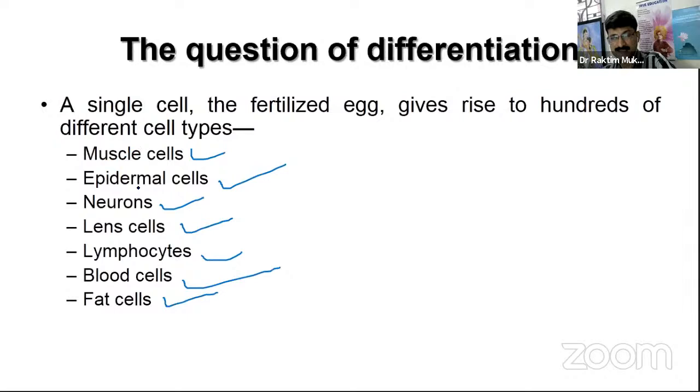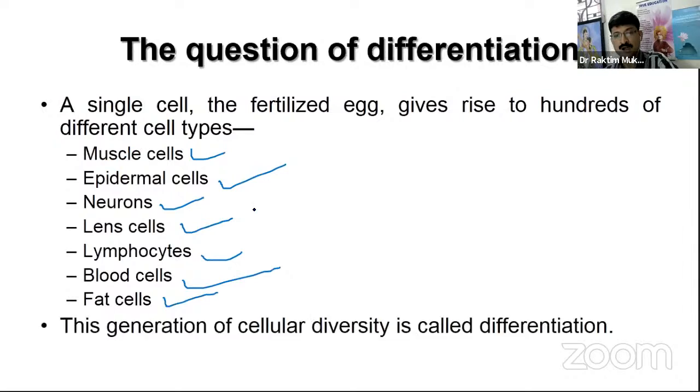The generation of cellular diversity is called differentiation. I always tell, a less specialized cell becomes a more specialized cell.